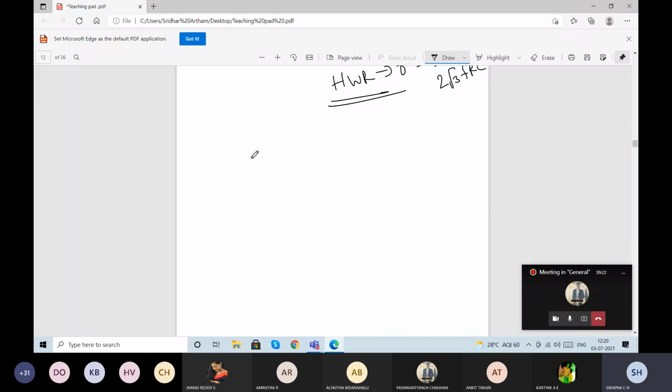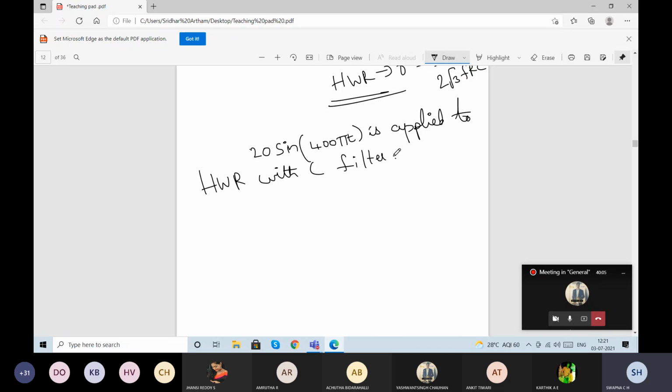An input signal 20 sin 400 pi t is applied to a half wave rectifier with C filter.